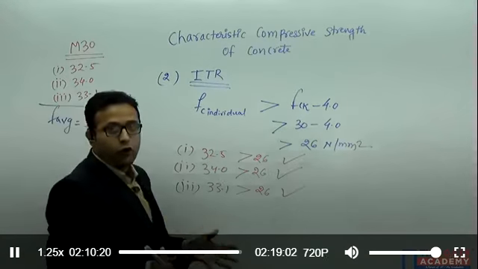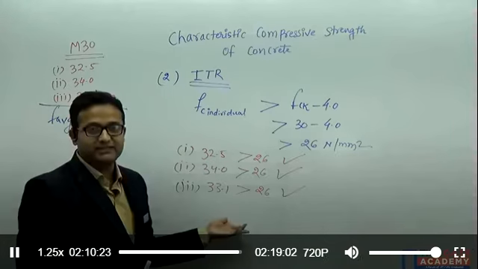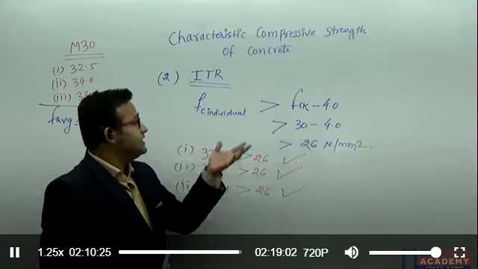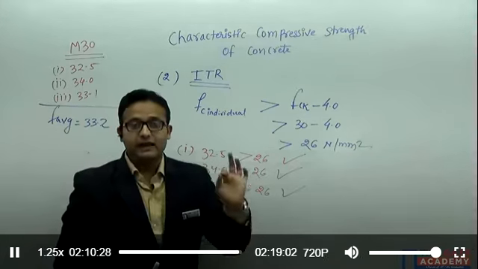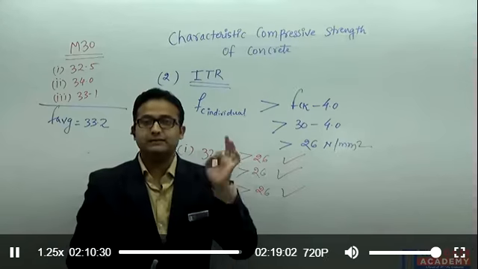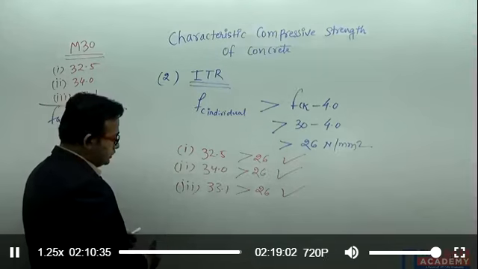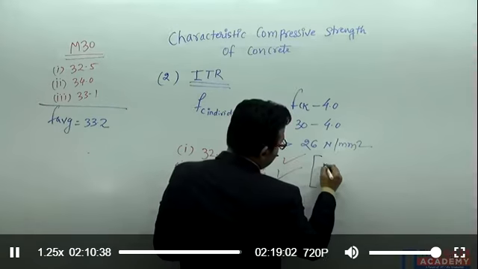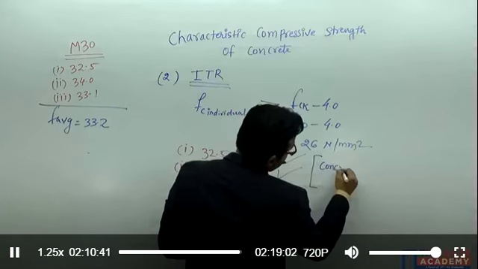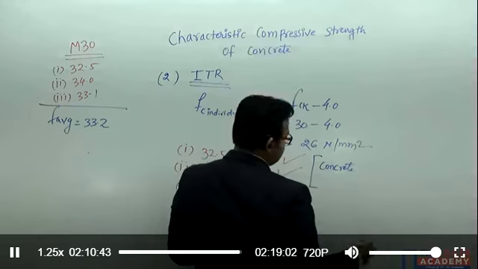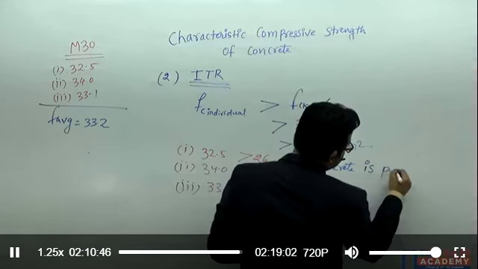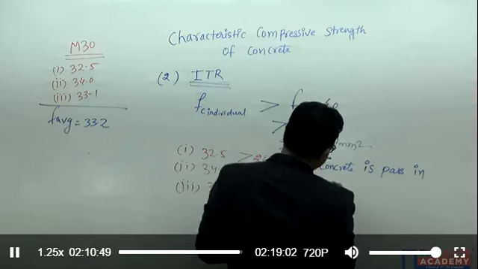That means all the cubes are giving strength greater than 26 Newton per mm square. That means your concrete is accepted in the second criteria, it has passed the second criteria. So I can write the comment here: concrete is passed in the second criteria.